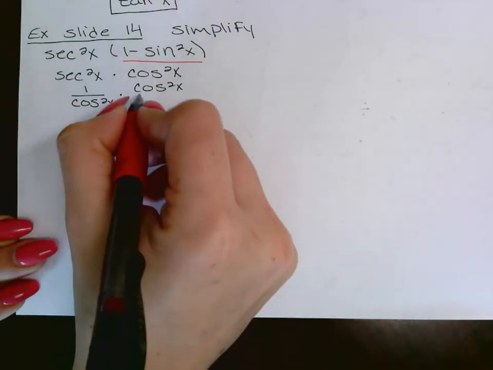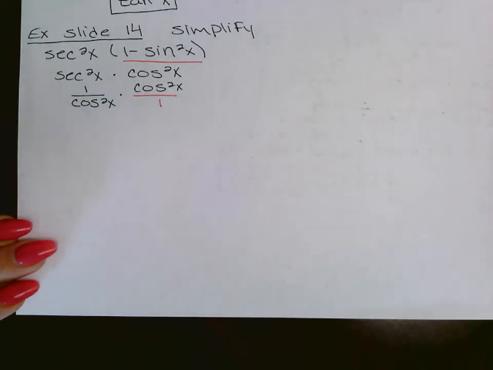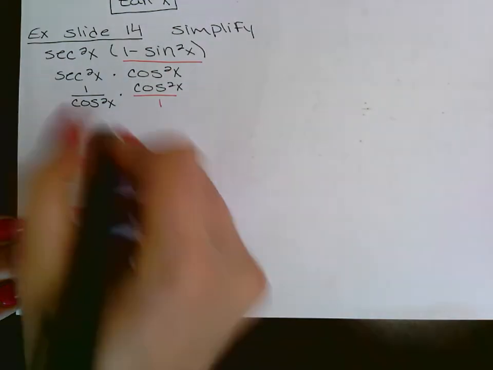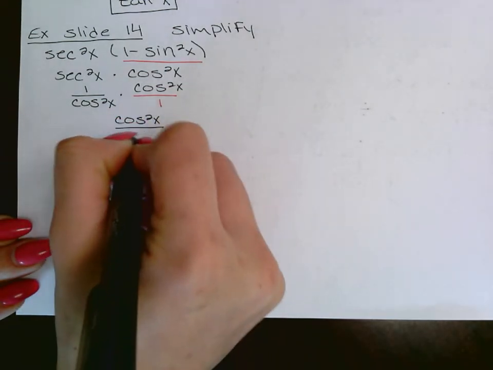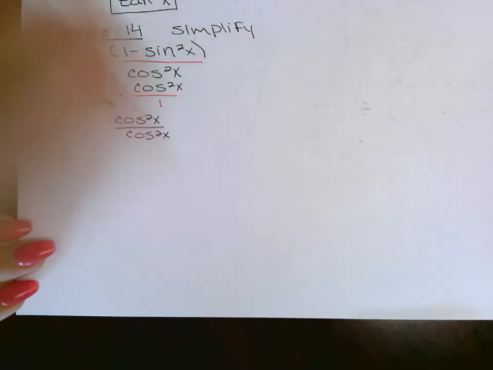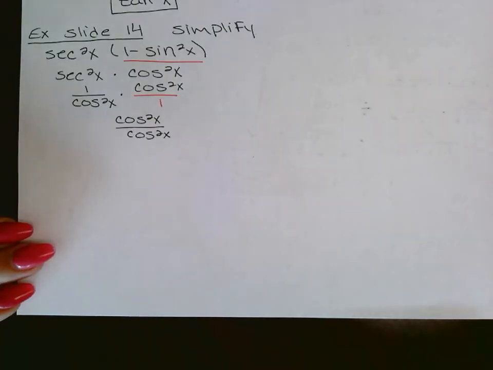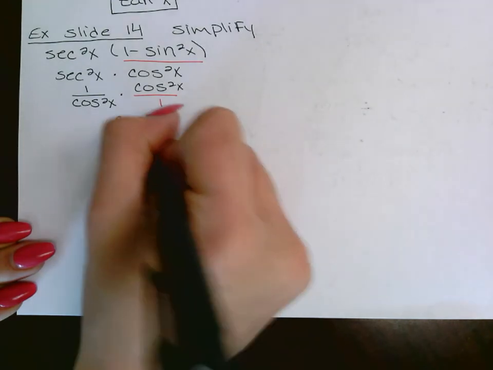You can say this is over 1. And it all reduces. What is cosine squared over cosine squared? It equals 1.